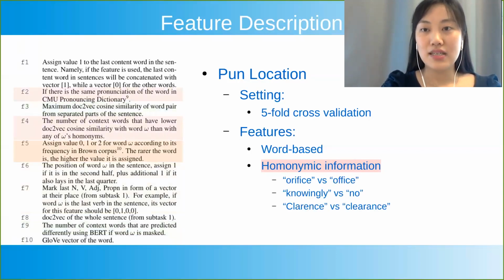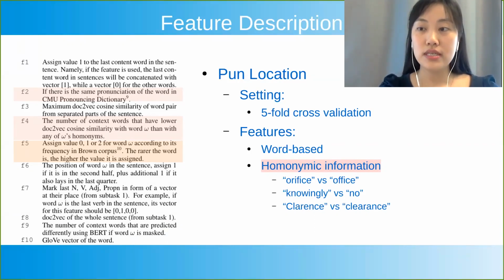As you can see, we try to add homonymic information for heterographic puns, such as F2. It helps, however, it still left much to explore for several reasons. First, the data is heterographic instead of homophonic. For example, orifice and office.